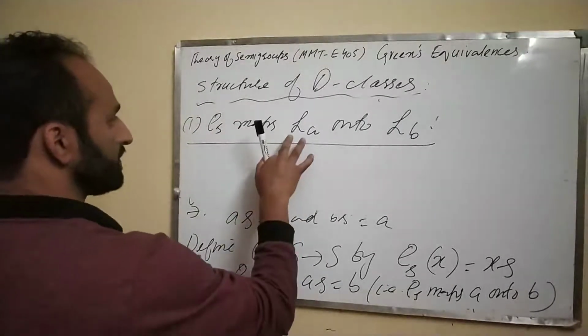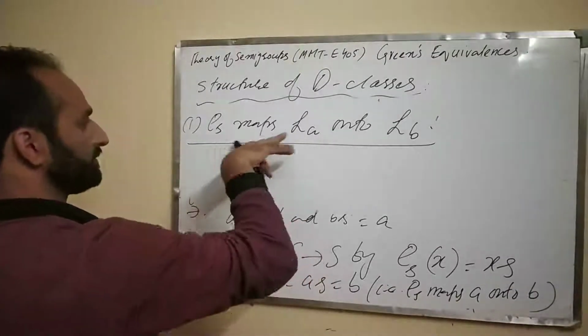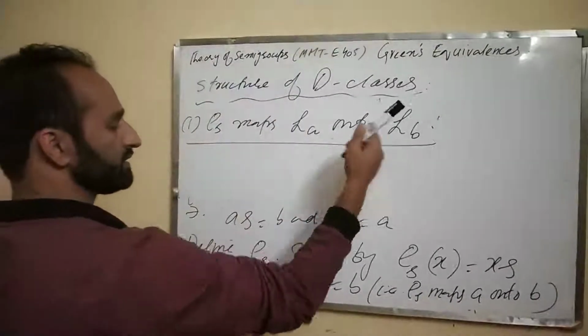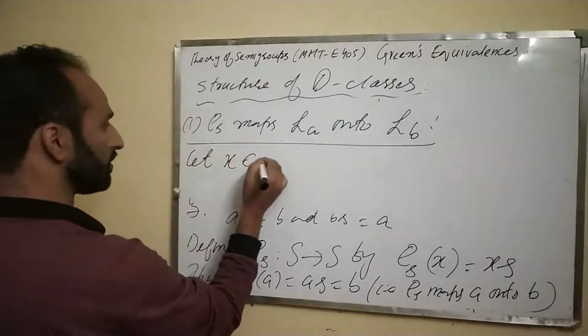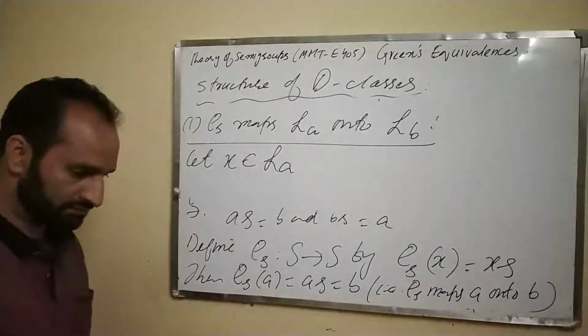So let's choose any element here. We'll show that the image of that element under rho S is here. So let X belong to LA.